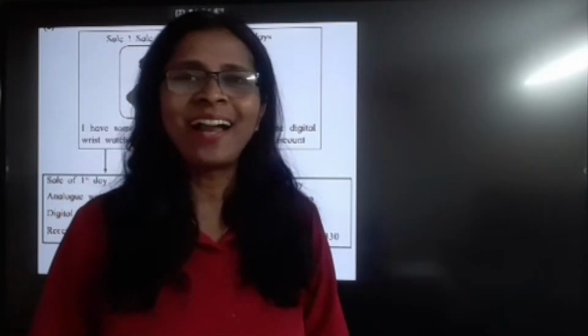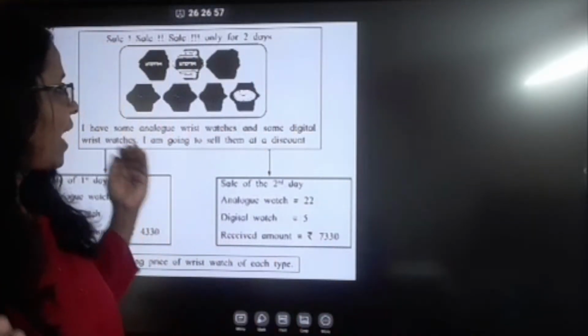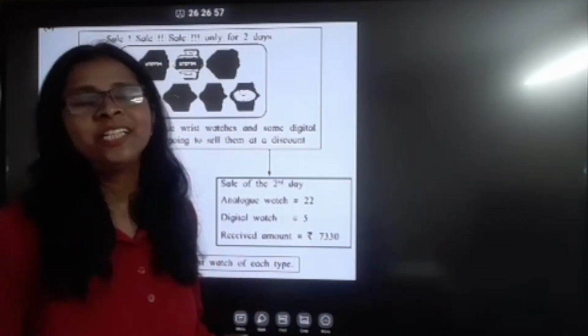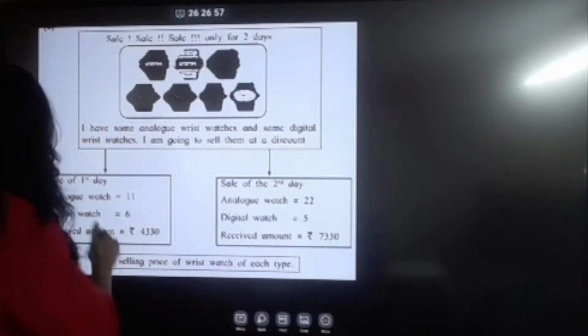Let us start from the consideration, that is the selling price.